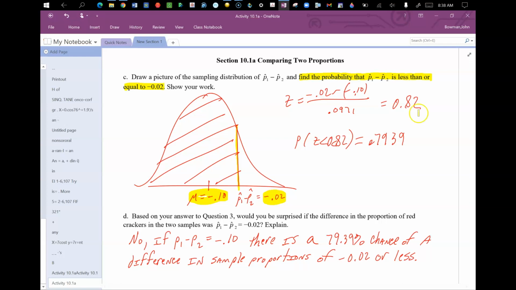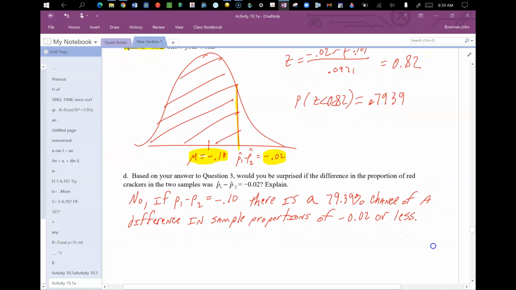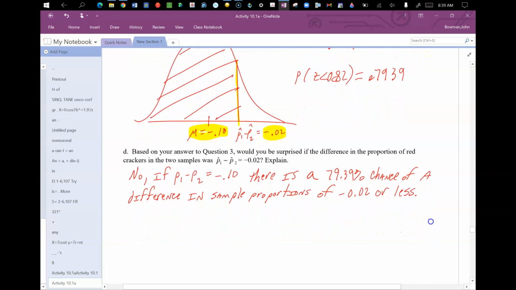That difference, negative 0.02 minus negative 0.10, converts to a z-score of 0.82. The area to the left of that is about 79%. So that's a large p-value.